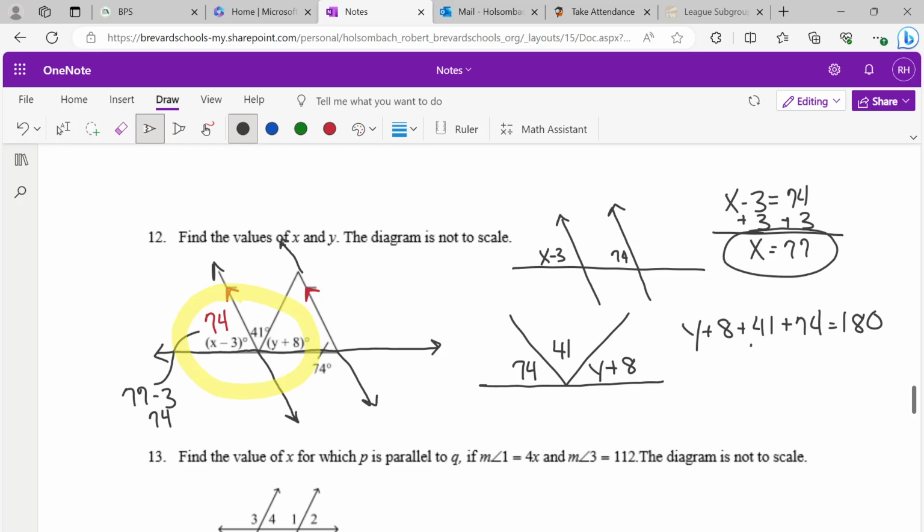So our y, we got to add 8 plus 41 plus 74, 123. So y plus 123 equals 180. And we subtract 123. And y equals 57.